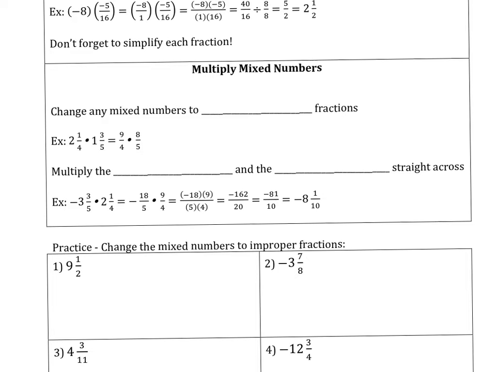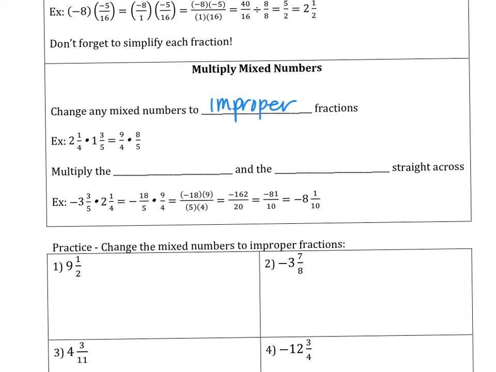Now when we multiply mixed numbers, we want to change any mixed number into an improper fraction. For example, if we have 2 1/4 and we're multiplying it by 1 3/5, we want to turn both of those mixed numbers into improper fractions, so then we can just multiply straight across.